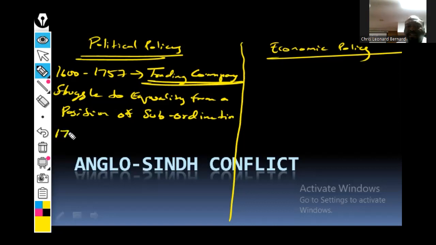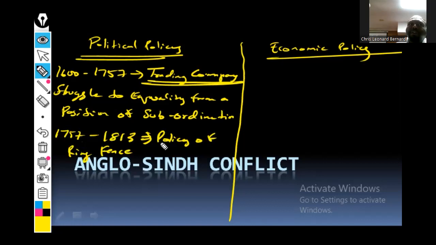From 1757 to 1813, what is the political policy they followed? Policy of ring fence. That means they are safeguarding their British India territory by creating buffers and a second line of defense.